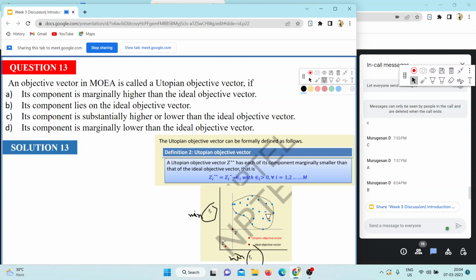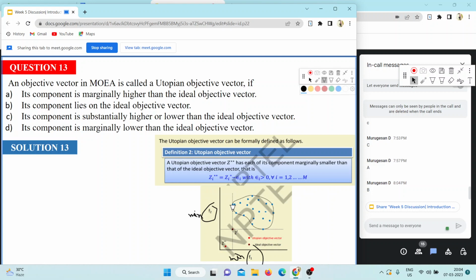Ideally, this is our search space, meaning these are the points that we are getting from our optimization, from our MOEA, the multi-objective evolution algorithm.